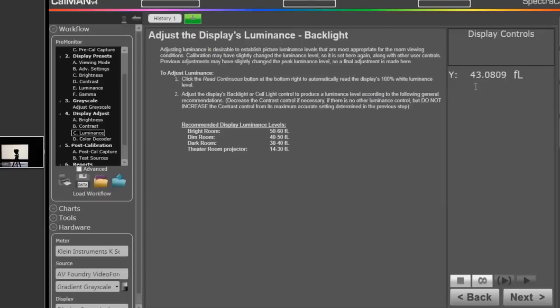And if we had decided that we wanted 45-foot Lamberts, we could do that, for instance. Bring back the picture menu, access the backlight adjustment, and here we're going to simply fine-tune our backlight control for whatever light level we wish to have. If we wanted to have 45-foot Lamberts, for instance, we could easily do that.